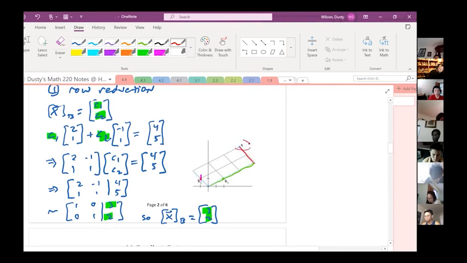And so here's the point x. This would be the graphical approach.